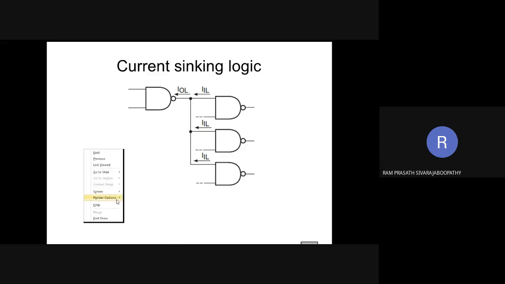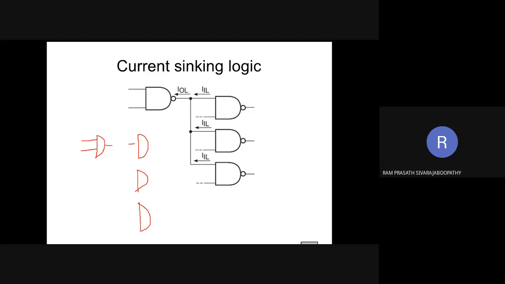Say for example, I am going to consider four 2-input AND gates. Now the input current, what do we call it?